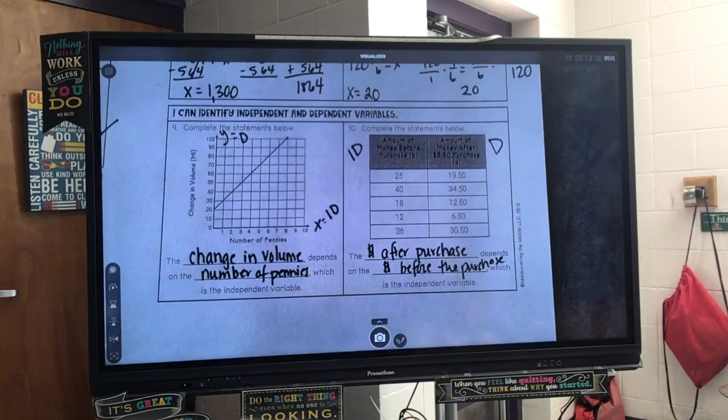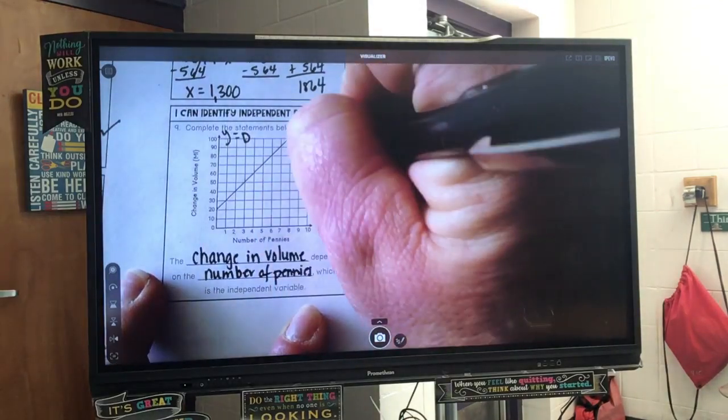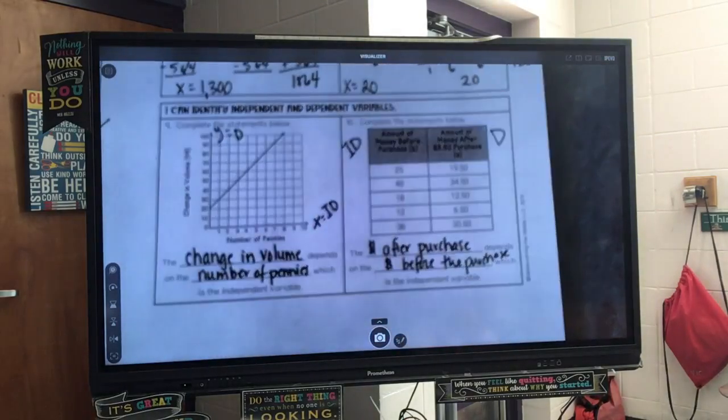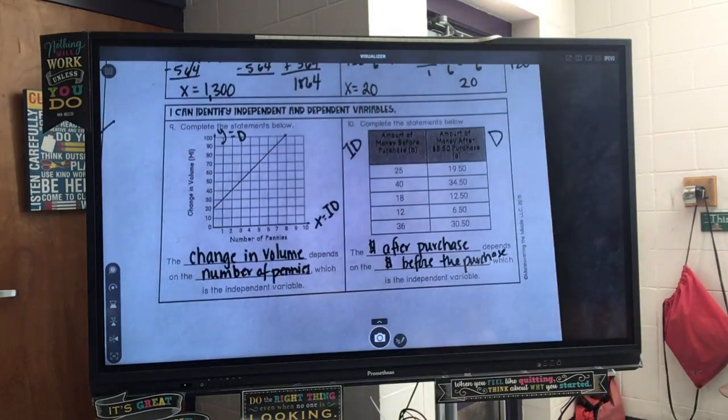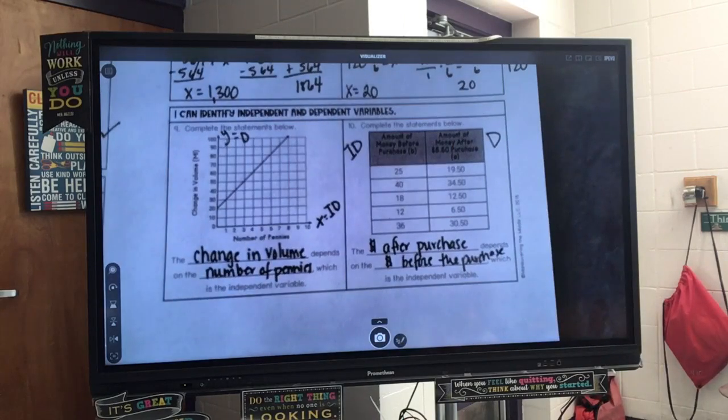So please make sure you get that written down if you do not have it written down already. Please make sure you write down the few little key things that we added so that when you look over this, you have a good idea of your independent and your dependent variables. Thumbs up when you're ready to move on.